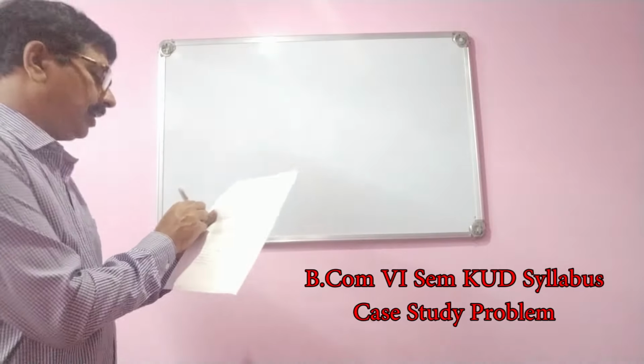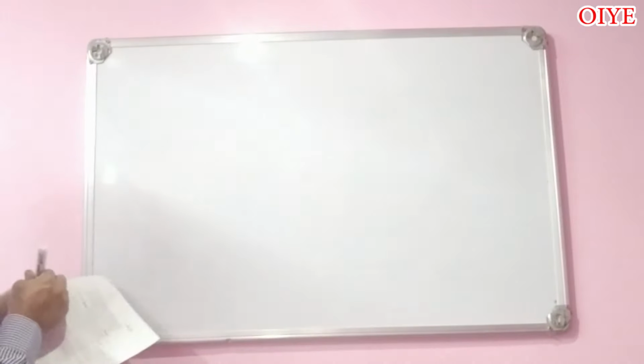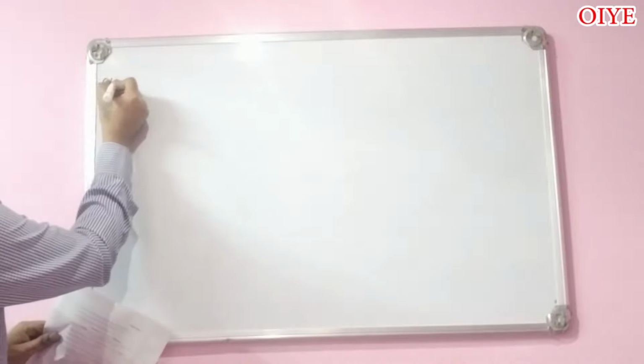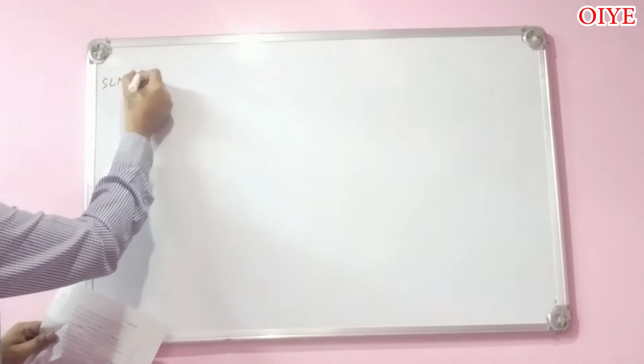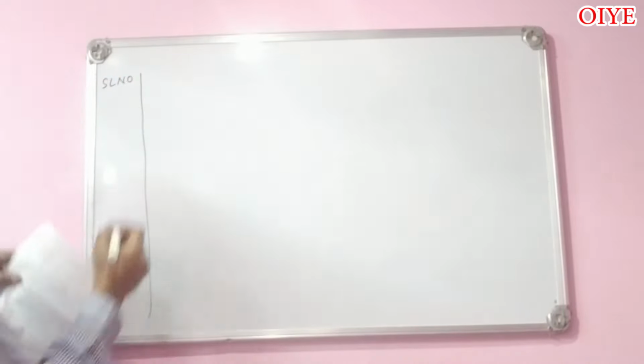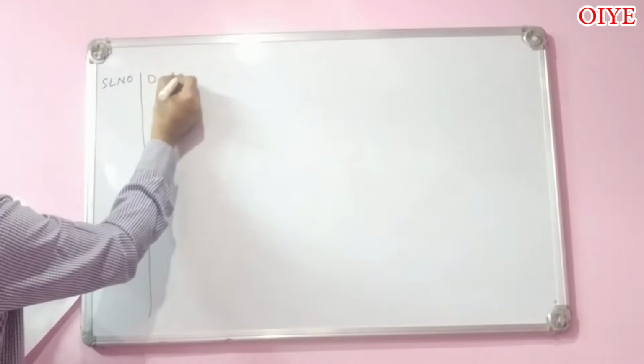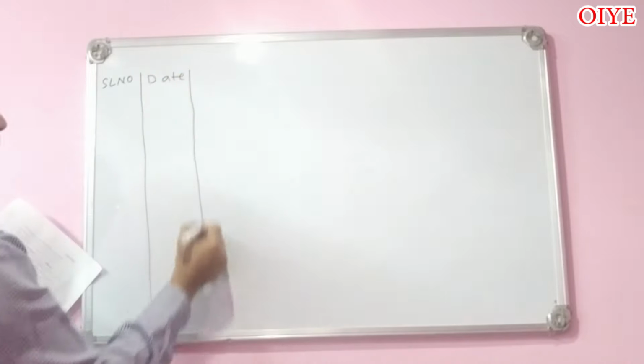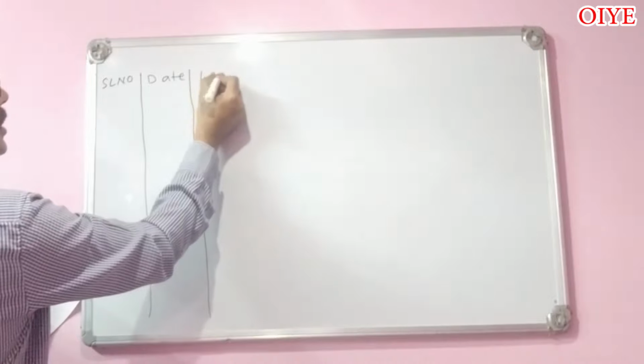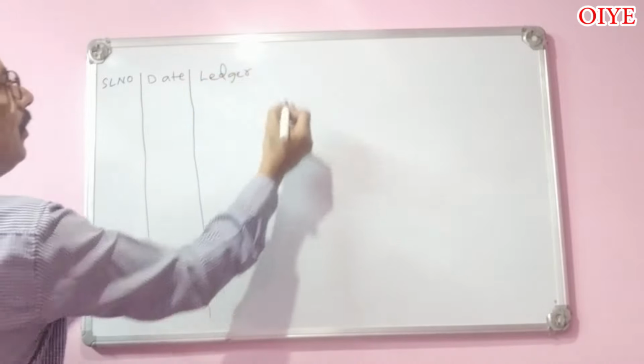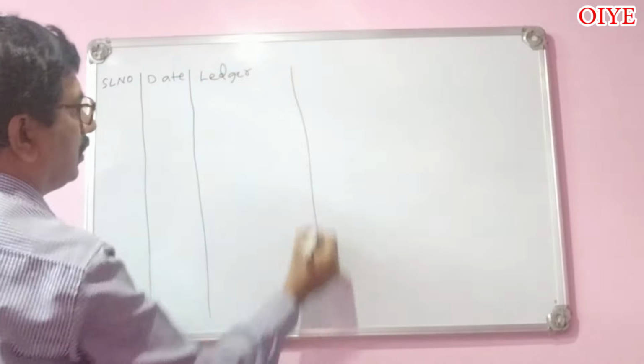So we have to take serial number first. We will use one small space for this one. It is serial number. Then date. Then ledger. And then group.